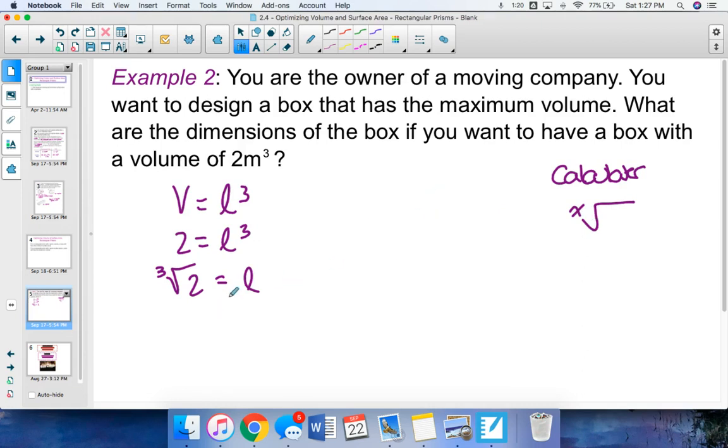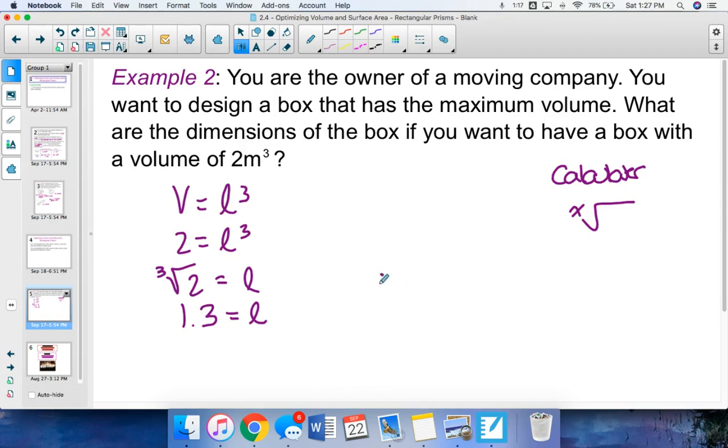So it's just taking the third root. So we'll get about 1.3 equals our length. Okay. So once again, it is 3, this x root button, and then 2. And you should get 1.3. Okay.